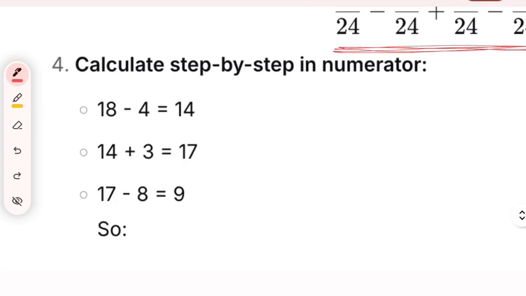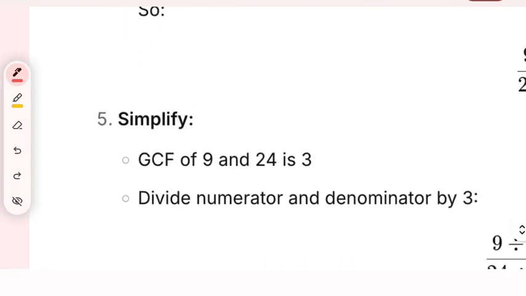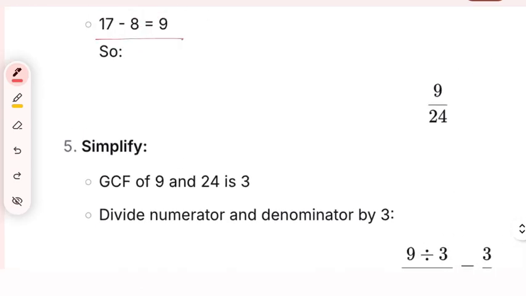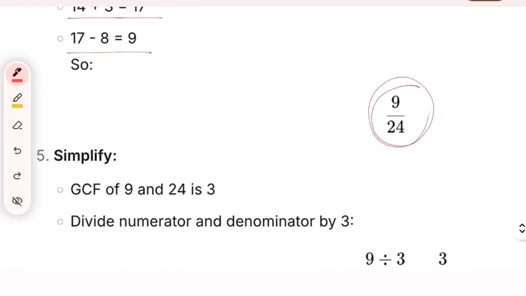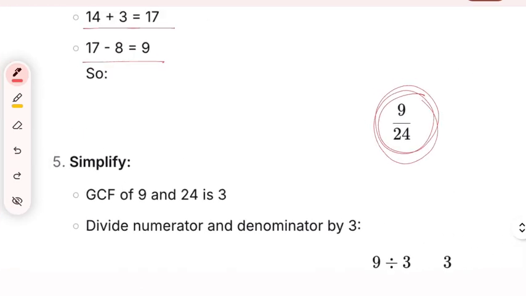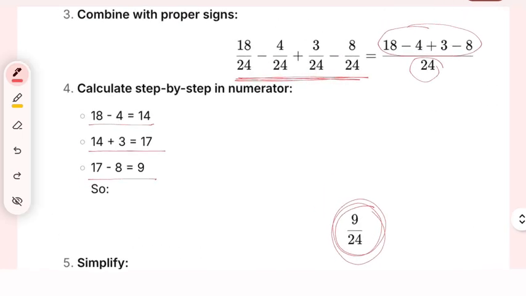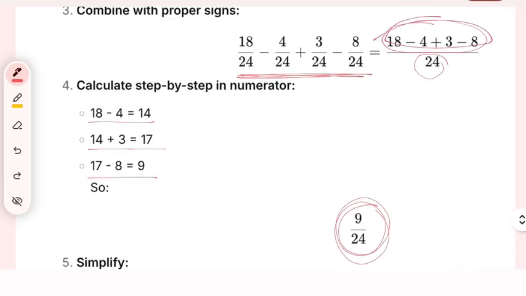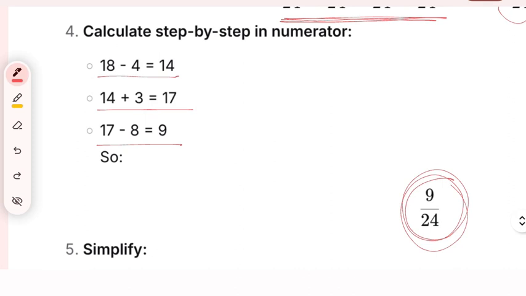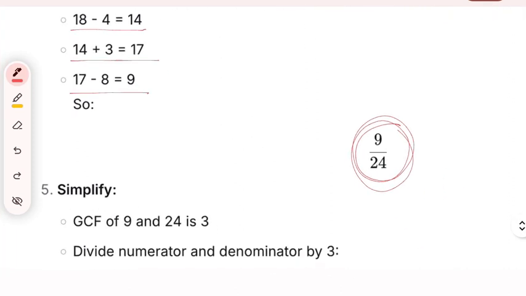So 18 minus 4 is 14. 14 plus 3 is 17. 17 minus 8 is 9. Therefore, the answer is 9 over 24. Just remember to do it from left to right. So 18 minus 4, plus 3, then minus 8. And the final answer is 9 over 24.